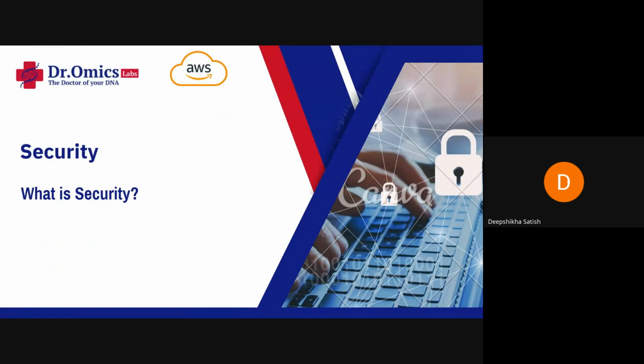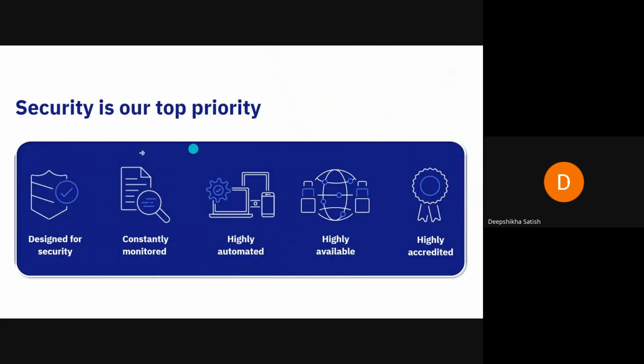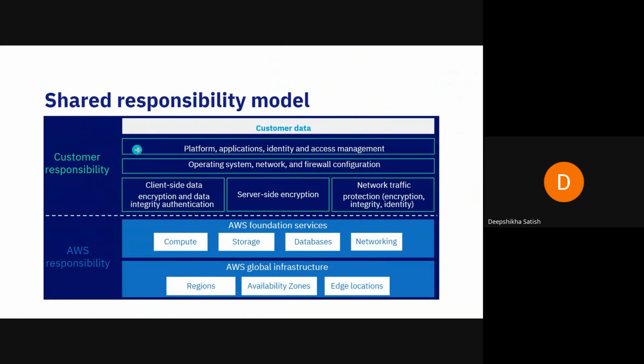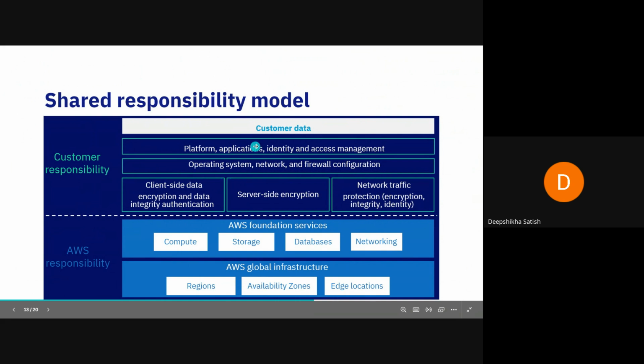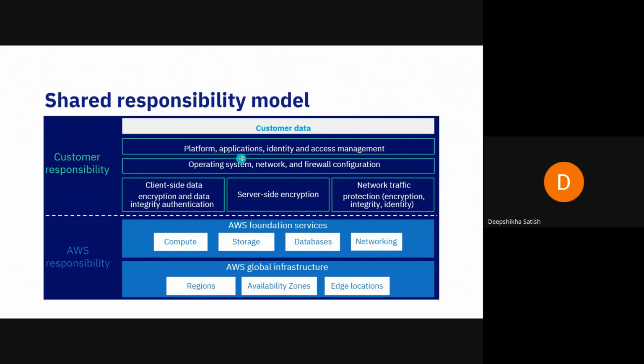Okay, so let's understand security. What things can we take as priority: design, consistent monitoring, and it should be an automated process. Here you can see what exactly is the customer's responsibility and what is AWS's responsibility, because we are working with the cloud, so the responsibility is divided. On the customer side you can see the customer data, the platform, application, identity and access management, even which network, which operating system we are working on, and what firewall configuration we set.